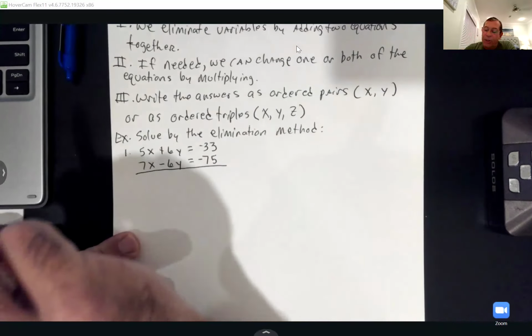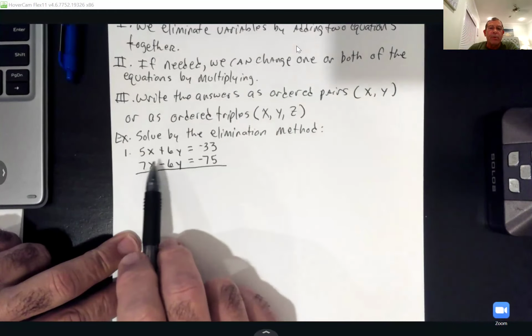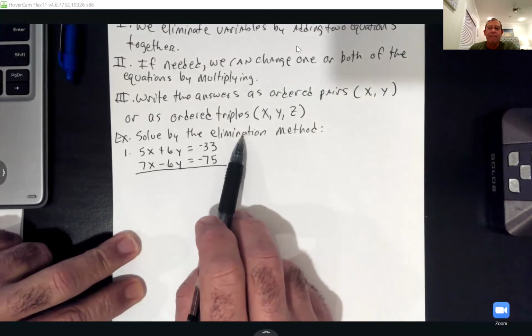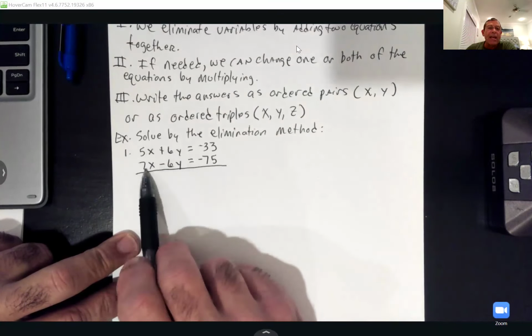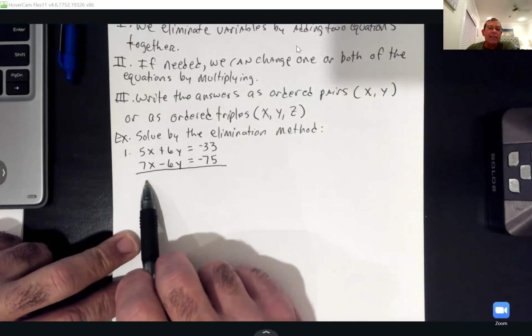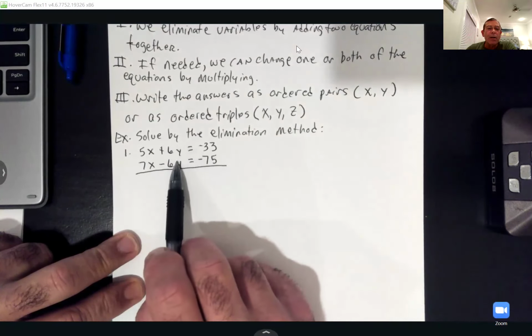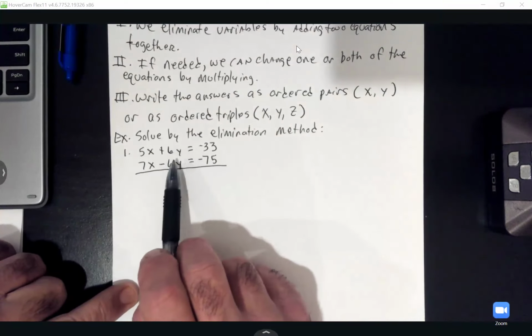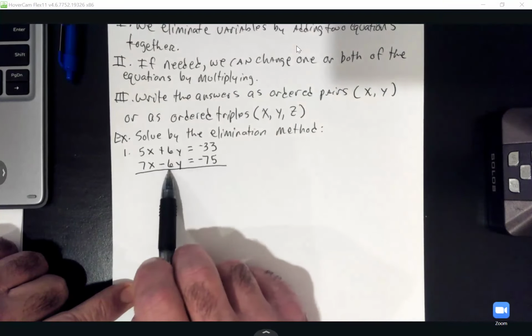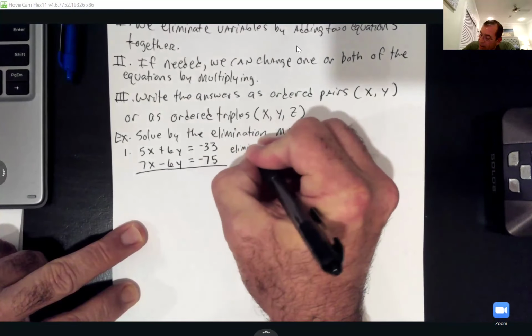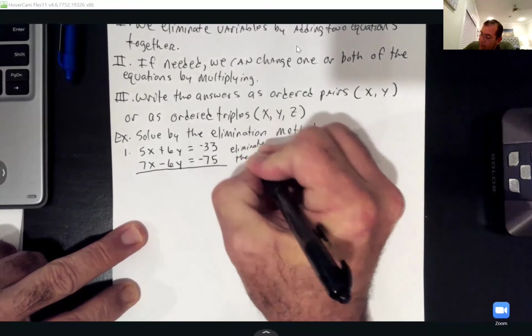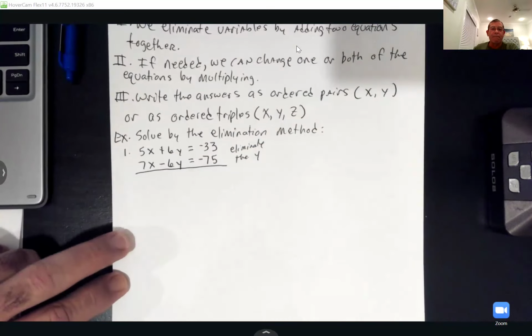So the first thing I would choose is which of these variables do I want to eliminate? Well, y'all, the 5 and 7, if you added that, that's going to give you 12 x's. But look here at these y's. You got a 6y and a negative 6y. So we're going to eliminate the y variable.